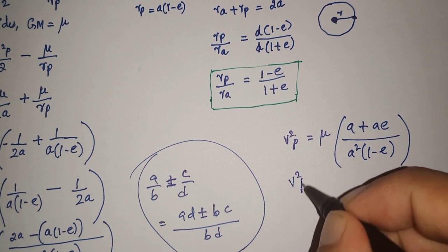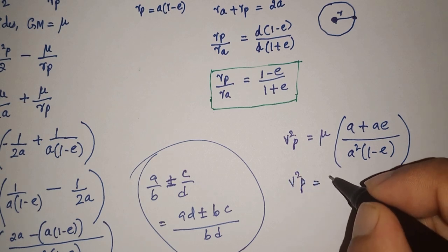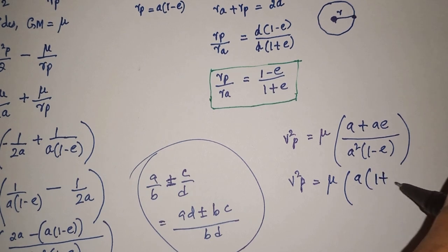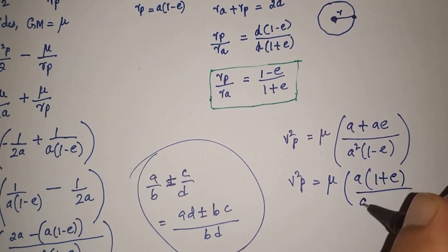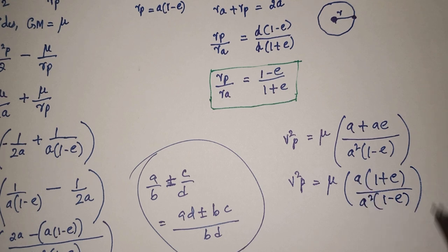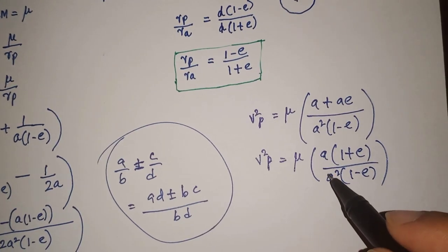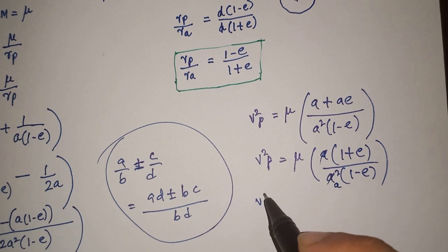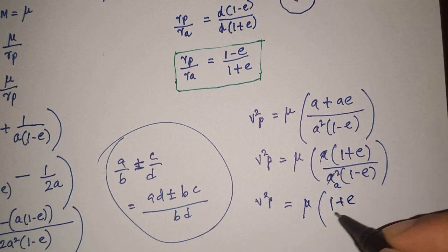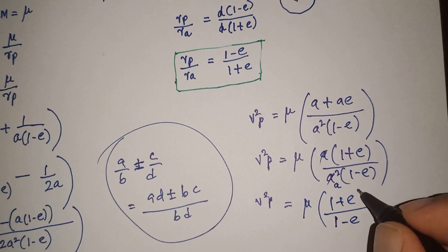Now again you write v square p is equal to mu into, you take a common, you get 1 plus e divided by a square into 1 minus e. And from a and a square you get a, the down gets cancelled off. You end up with only a here, so you get v square p is equal to mu into 1 plus e divided by a into 1 minus e.